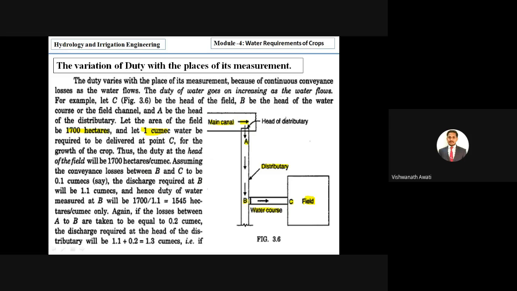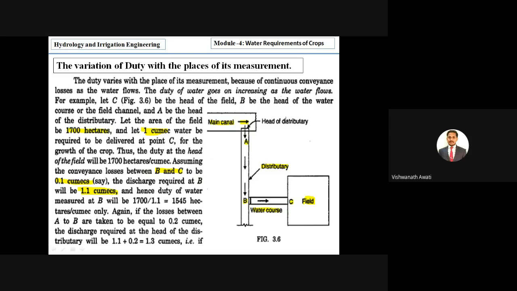For example, from the distributary canal to the water course, between B and C, there is 0.1 cumec of water loss. If we consider 0.1 of loss between B and C, then 1.1 cumec of water is required, correct?